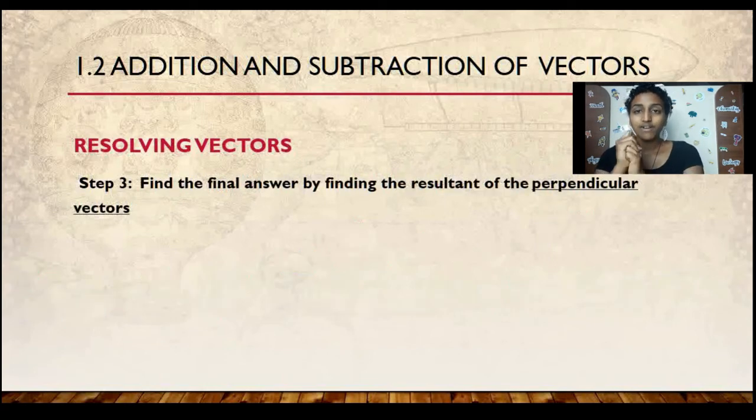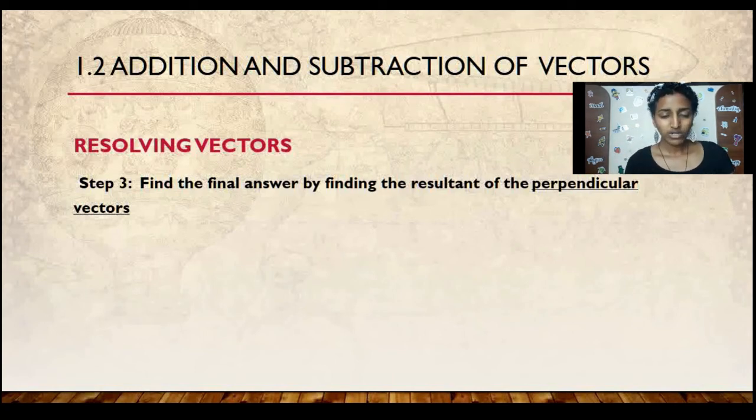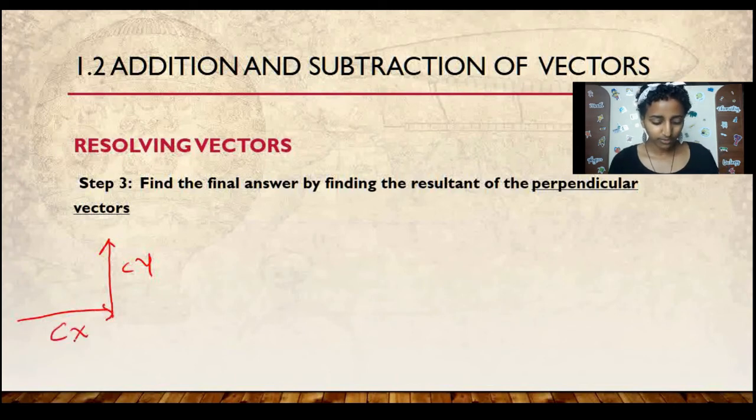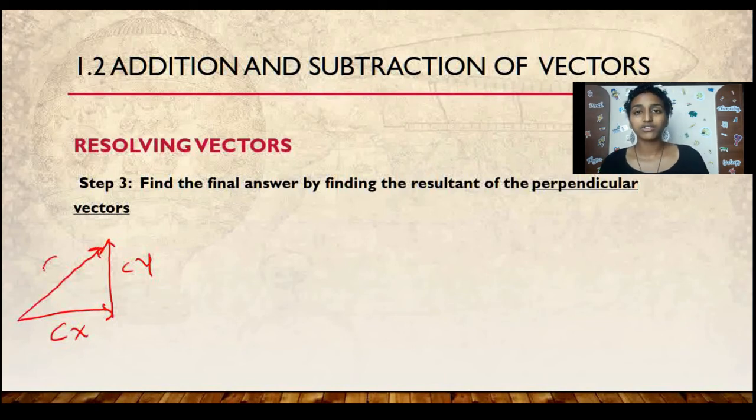Next, find the final answer by using the perpendicular method of finding the resultant vector. So you see, you have to know how to do parallel and perpendicular vectors. What is the final result we found there? We know CY and we know CX. So what are we looking for? We're looking for this final answer C, our final resultant, doing all those steps just to get this final value C. And we know how to do this.